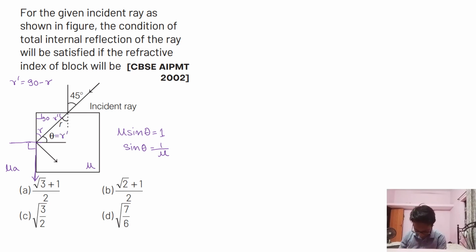Okay, so from here, can I say, mu across this surface? I'm taking Snell's law across this surface. So mu into sine r dash is equals to mu a into 1, or 1. Okay, or sine r dash is equals to 1 by mu.